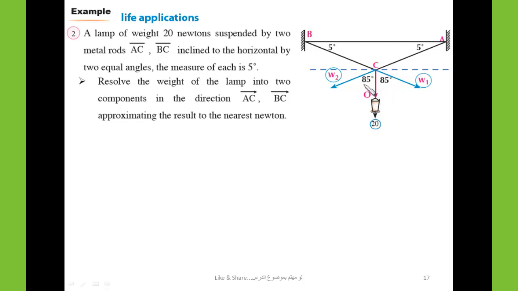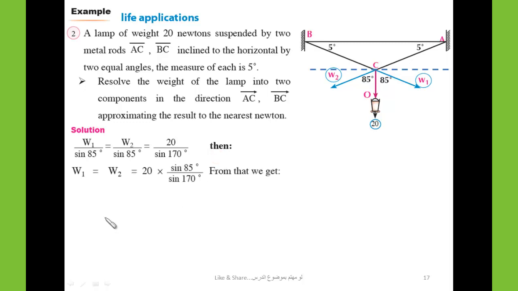So we consider this 85 is theta 2 and this 85 degrees theta 1, and applying the sine rule, we can write W1 over sine 85 equals W2 over sine 85 equals 20 over sine of 85 plus 85, which equals 170.